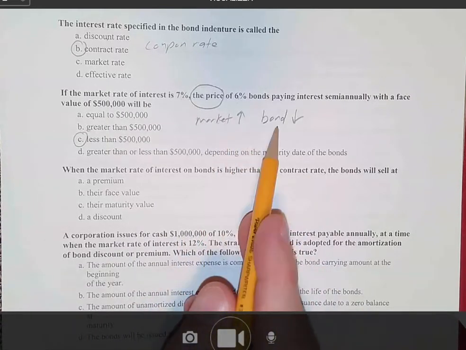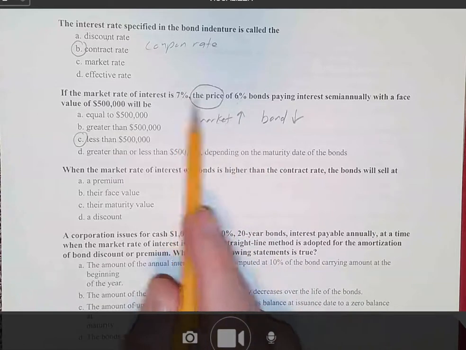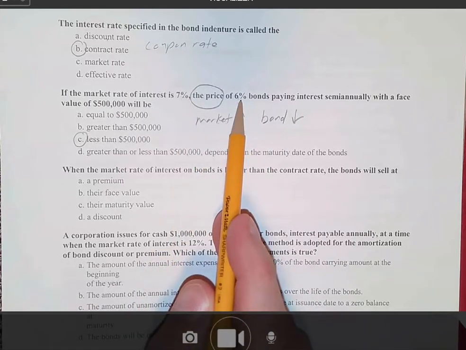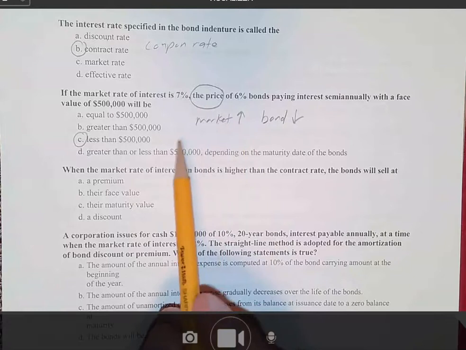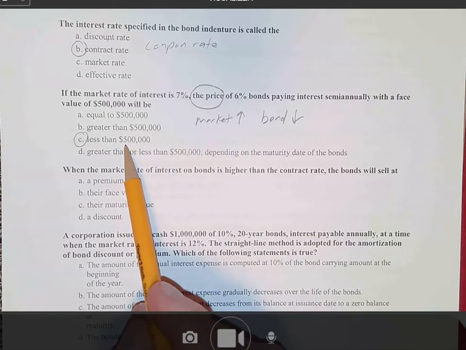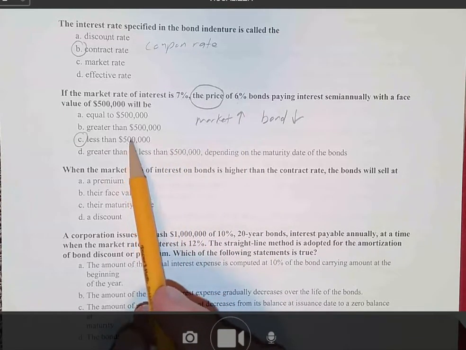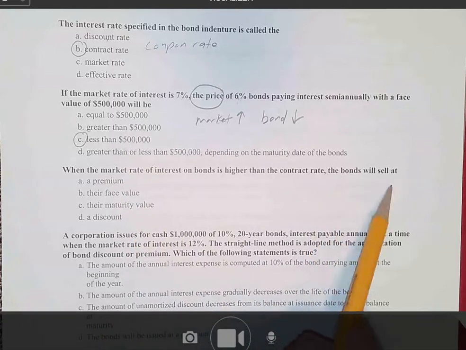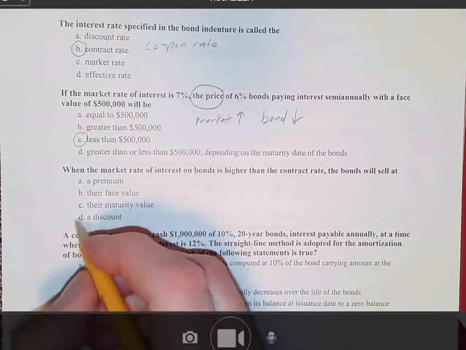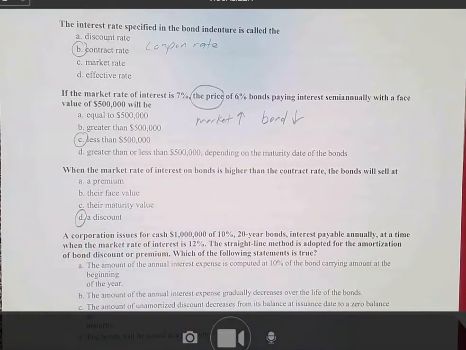Well, that's what we have right here. 7 is higher than the contract rate of 6. So up here, we're going to get less than 500,000. We would say that these bonds will sell at a discount. And again, I kind of just gave you that answer a moment ago anyway.